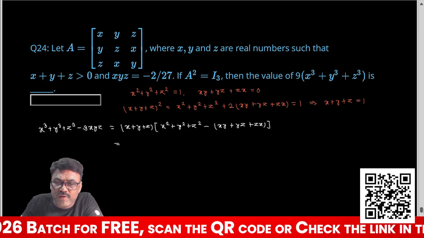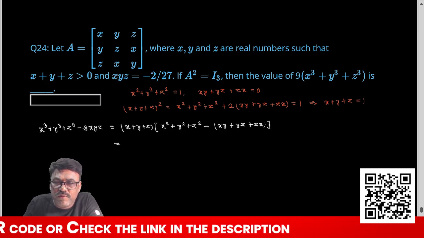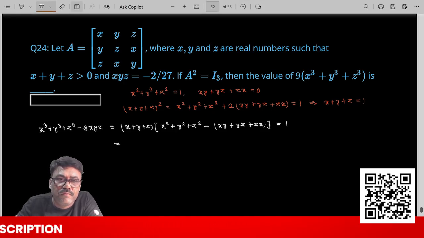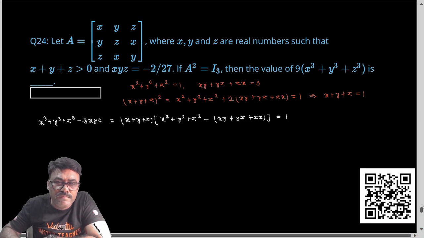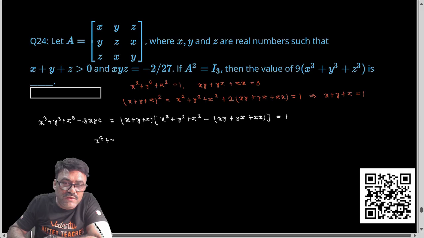Now x plus y plus z is 1. x square plus y square plus z square is also 1. xy plus yz plus zx is 0. So you get 1 here when you substitute all the values. So this gives you x cube plus y cube plus z cube is equal to 1 plus 3xyz.